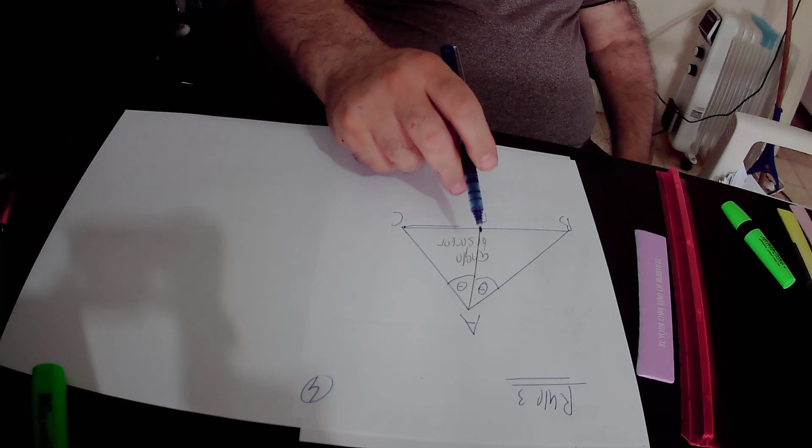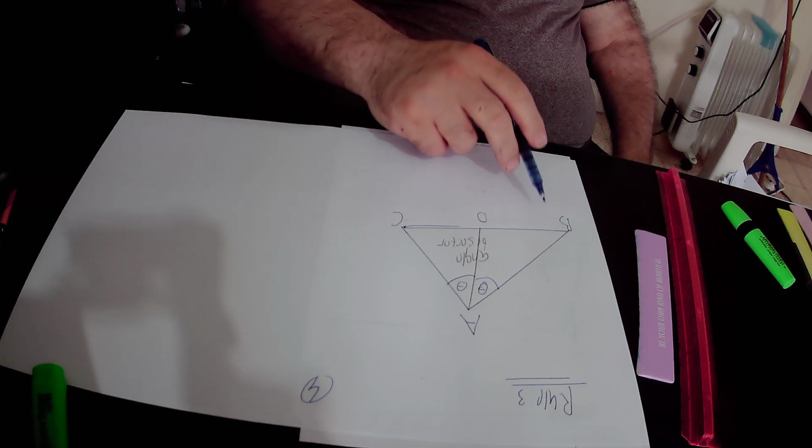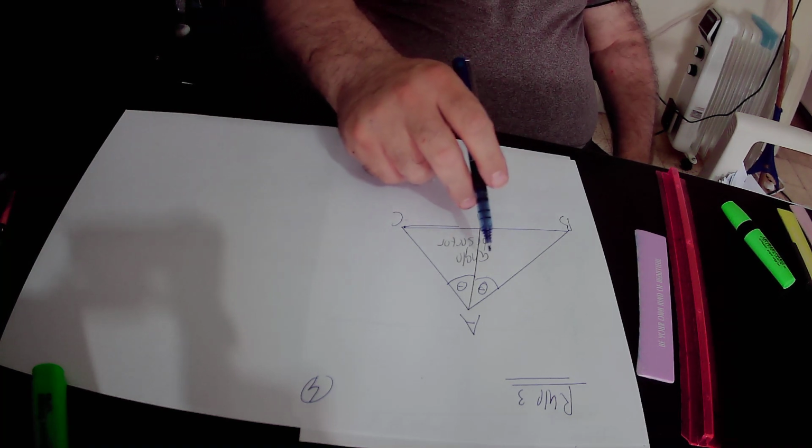AD is the angle bisector because it divides the angle into 2 halves. Each half equals theta.